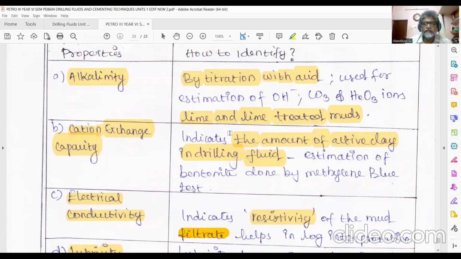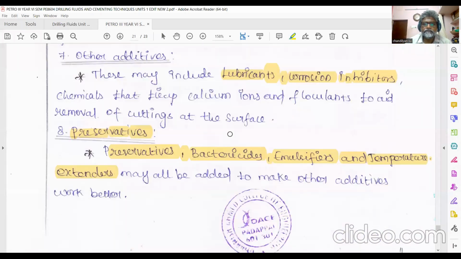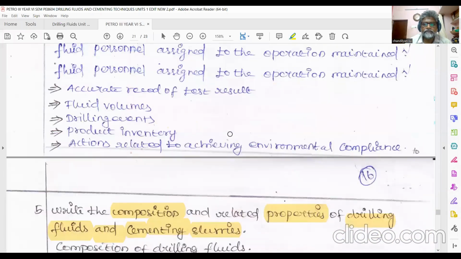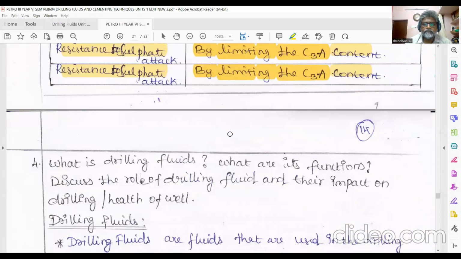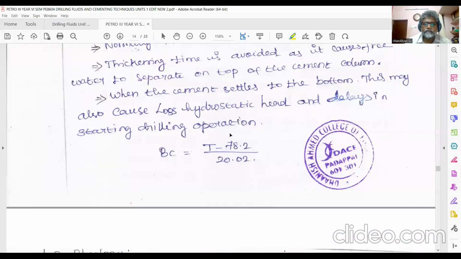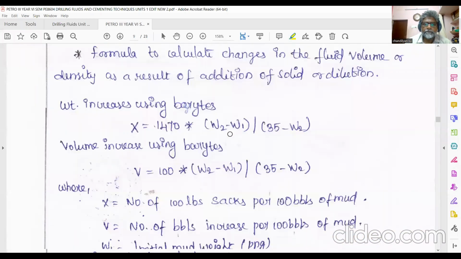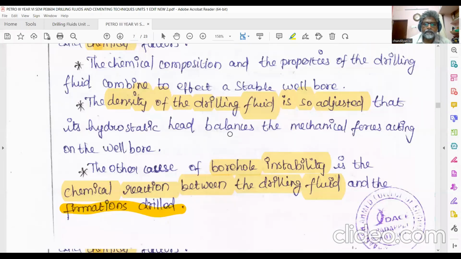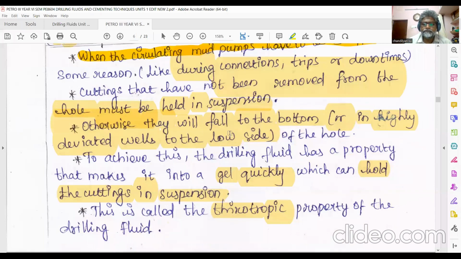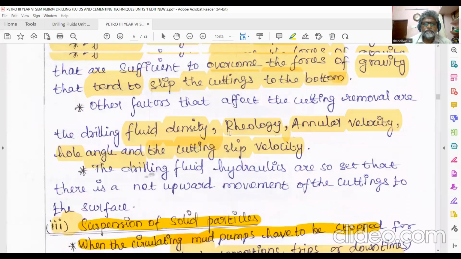Still one content is pending, that is this portion.